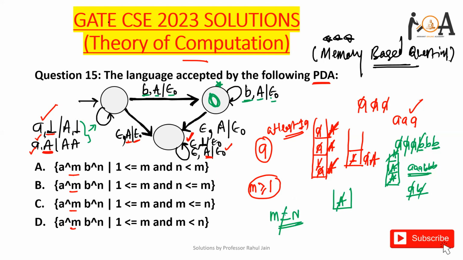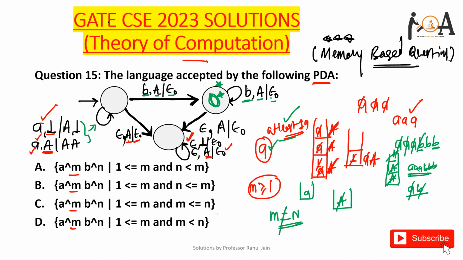So if M cannot be equal to N and single A is also accepted, it means that the number of A's should be greater, because at least one A is required. If single A is there, it is going to accept it. But if we are having multiple A's and multiple B's which are equal, it is not going to accept, because the process will end here and it is not going to be accepted.